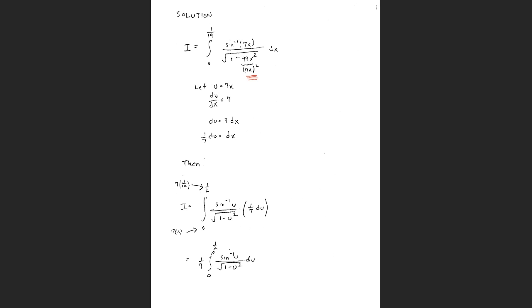And you need that in order to get this substitution to work out nicely. That's the only reason I put it there. If you had, say, a 9x here, then here I would need an 81x squared for the problem to work out, because that is 9x times 9x.